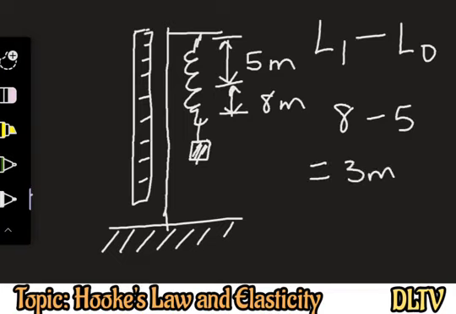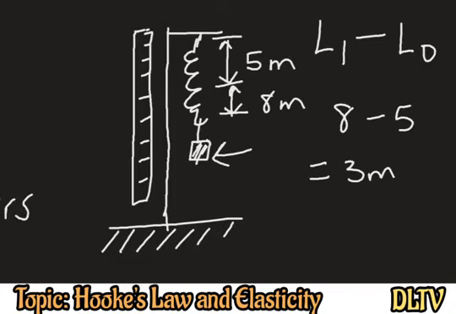Now we could find the extension because we knew the original length of the spring. Assuming the original length of the spring was missing, we wouldn't have been able to find the extension as a result of the weight which was added. So we must actually evaluate the original length of the spiral spring before we can find the extension at each case.